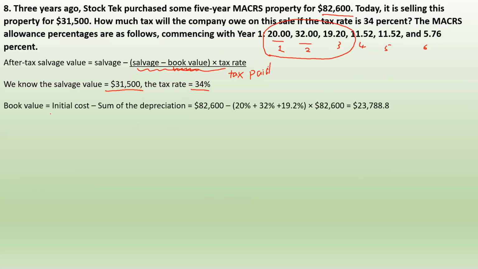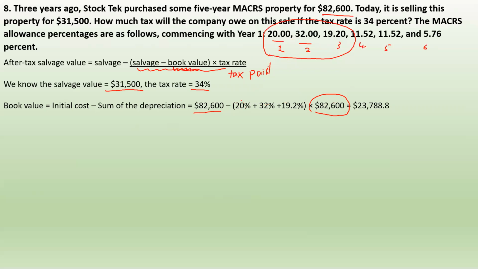Book value equals the initial cost minus the summation of the depreciation. The initial cost is this, and the summation of depreciation over the first 3 years will be this property's initial cost times the first 3 years' depreciation rates, summed up.